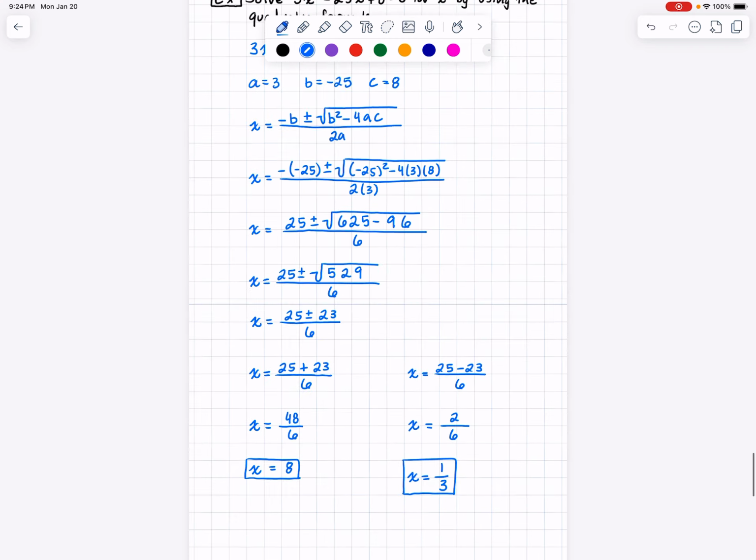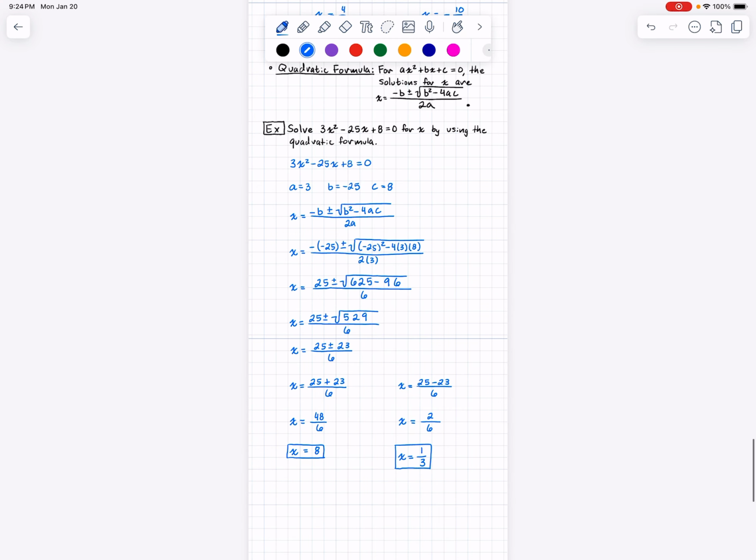So if we look at this problem here, the most important part is memorizing the quadratic formula. So you're going to want to have this memorized. It is x equals negative b plus or minus the square root of b squared minus 4ac all over 2a. You want to have that committed to memory. All right.